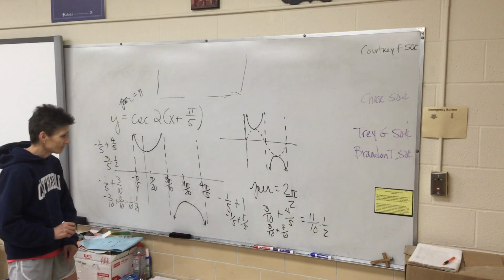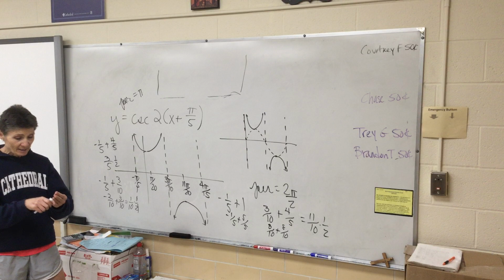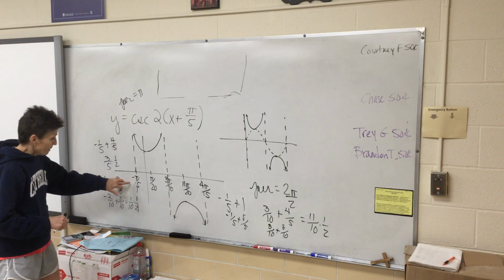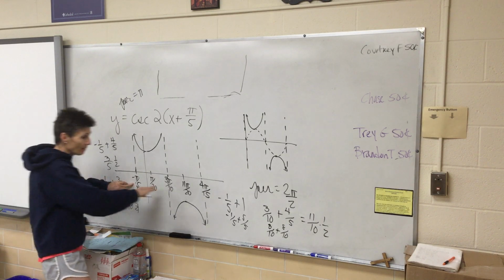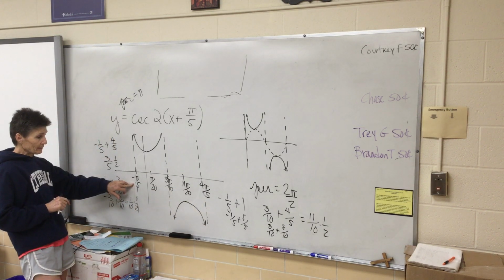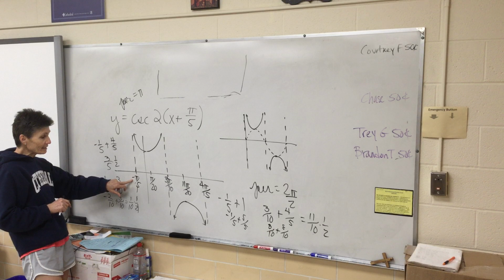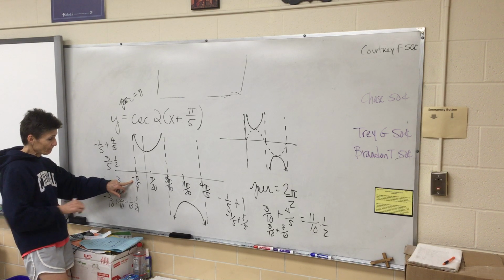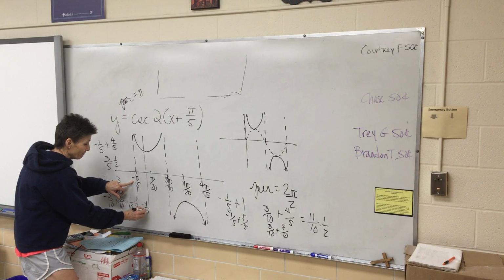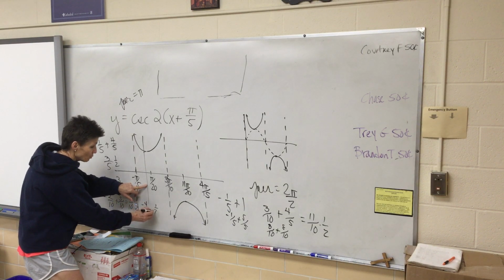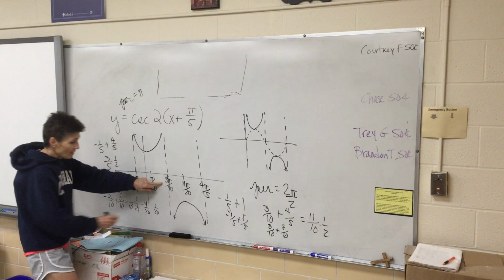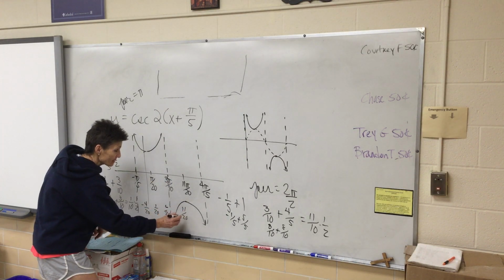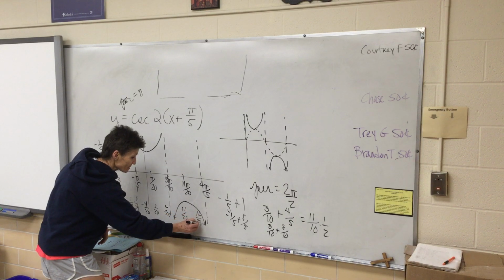11/20. Now I want to show you something that sometimes you might want to think about. If we just get a common denominator all the way across, this would be negative 4/20. So we're going from negative 4/20 to 1/20. And then we're going to 6/20, and then 11/20, and then 16/20.